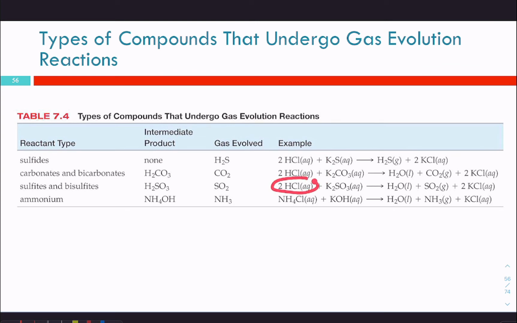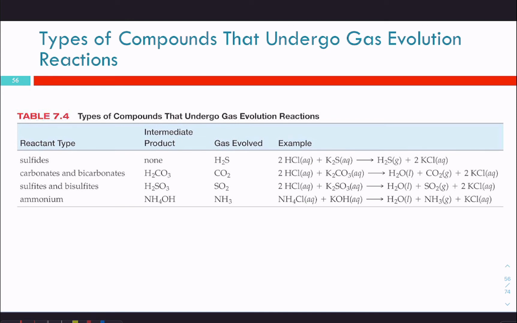So we get hydrochloric acid reacting with potassium sulfite, gives us an intermediate product, which isn't in these examples. So we get this intermediate of sulfurous acid, and then that decomposes into water and SO2 gas, sulfur dioxide.